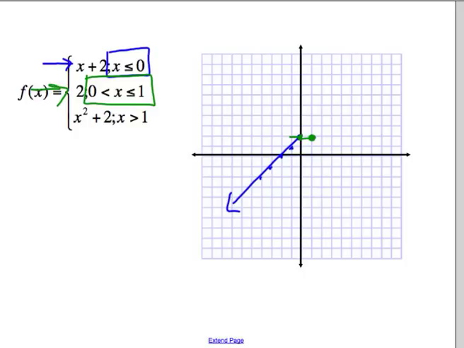The last one is a little bit harder, the parabola, x squared plus 2. The vertex will be at 2, and I'm going to graph a parabola, so over 1 up 1 and over 2 and up 4.